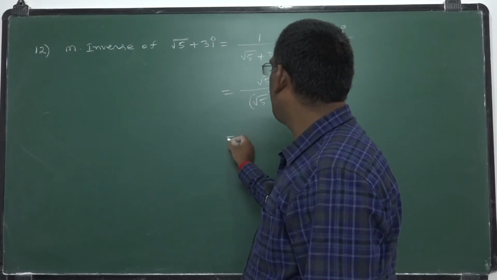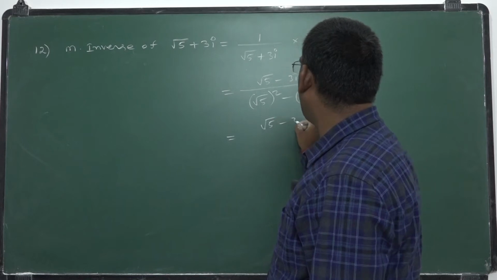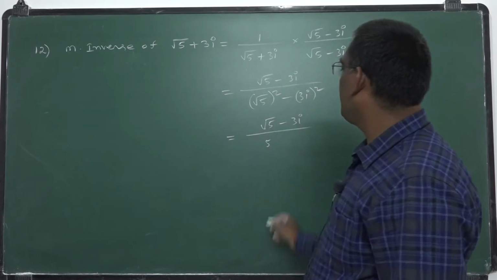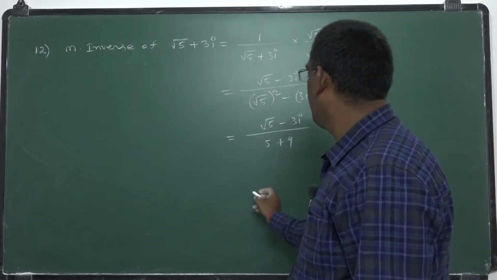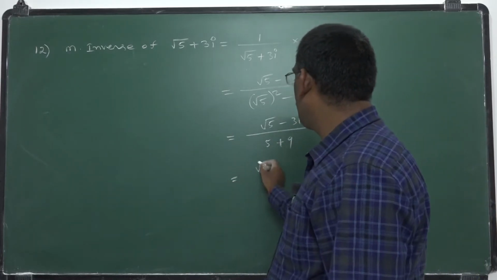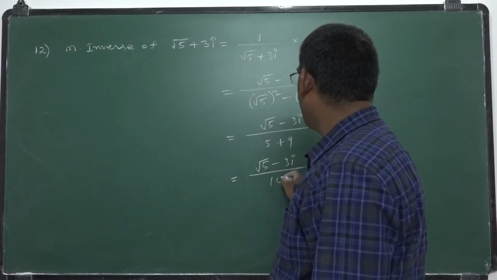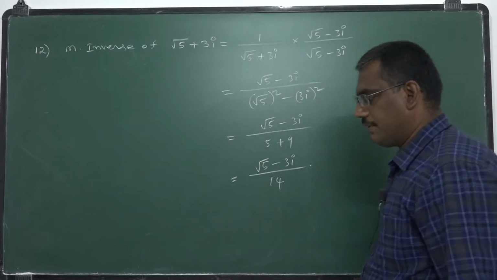So this is equal to root 5 minus 3i by 5 minus into minus 9, plus 9. So which is equal to root 5 minus 3i by 14.